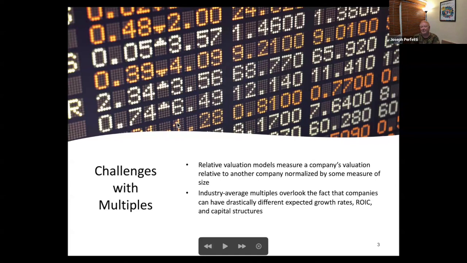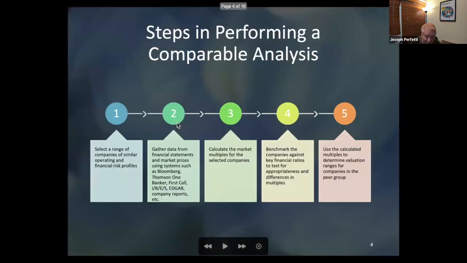And just as another example, you don't want to compare a company like Meta with a social media startup, right? Because even though they might be doing social media, it's really a different business. They're going to have different growths, different levels of return. So ideally, you want to have companies with similar growth rates and similar levels of return when you're doing your analysis, right? Again, not always easy to do, but that's actually the challenge with multiples.